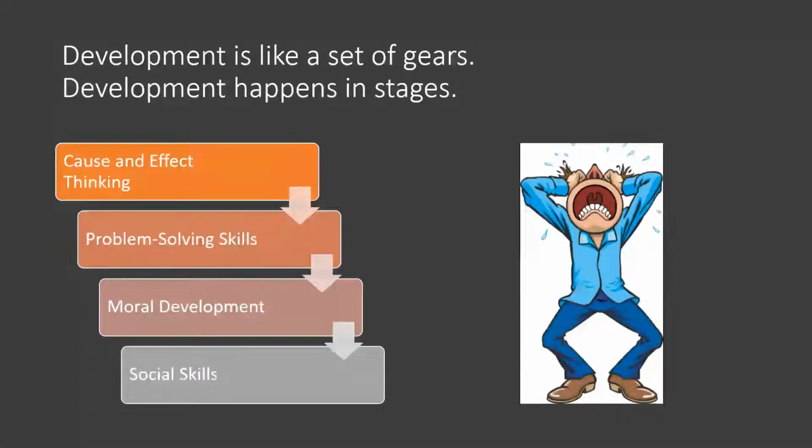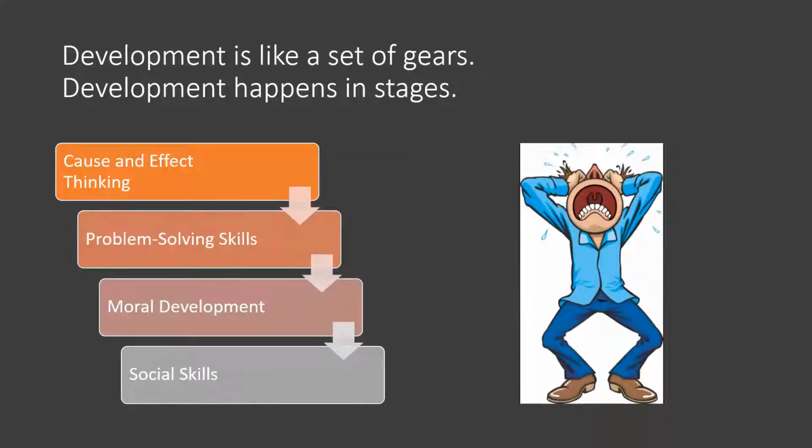Well, truthfully, in order to get to higher level moral development and social skills, you have to have cause and effect thinking first. And even before that, you could say there's a sequencing kind of process that goes on. In year 1 of life, if you cry and you have a good, nurturing, psychologically present parent, then the parent comes, gives you a bottle, changes your diaper, whatever, and you go, oh, that makes me happy.